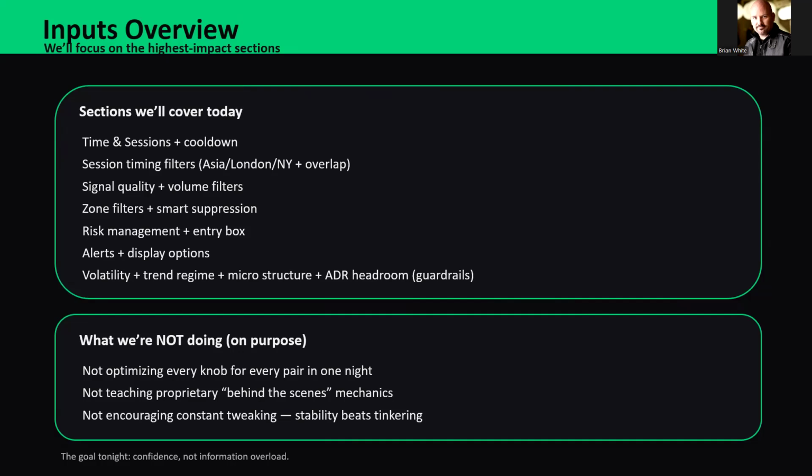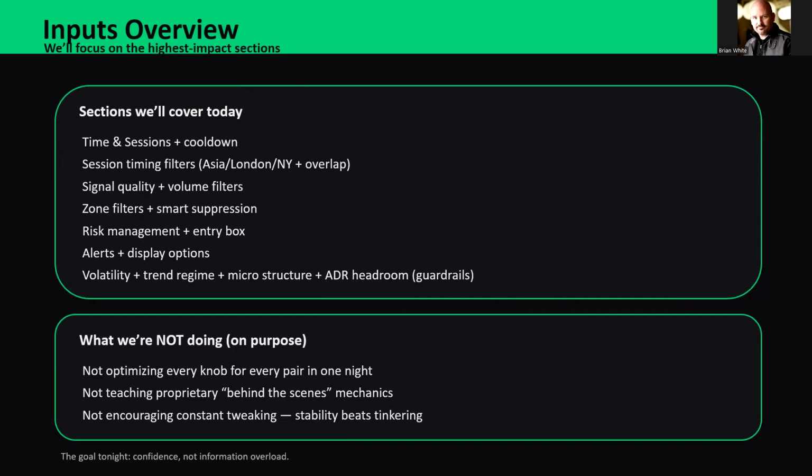There's signal quality and volume filters. There's risk management and entry boxes. There's alerts and display options. There's volatility and trend regime, microstructure, ADR. I told you this is a trading system. It is not an indicator. It's not a strategy. It is multiple strategies welded together. But I want to make sure that you understand what we're not going to be doing.